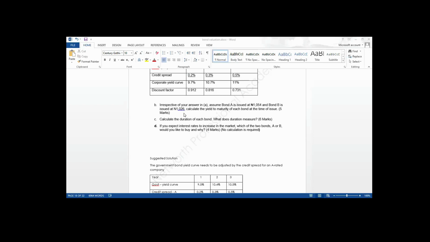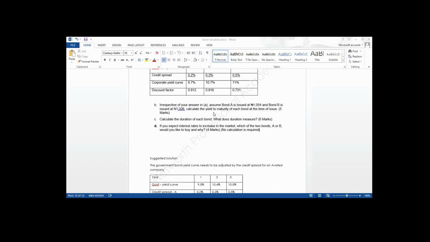The examiner is trying to tell you that even if you have made a mistake with your calculation, assume that the issue price of bond A is 1,054. We didn't make a mistake; those are the answers we got for A and B.